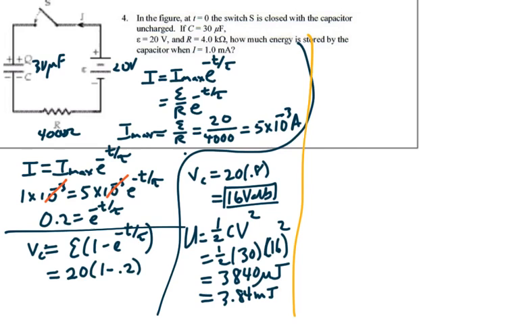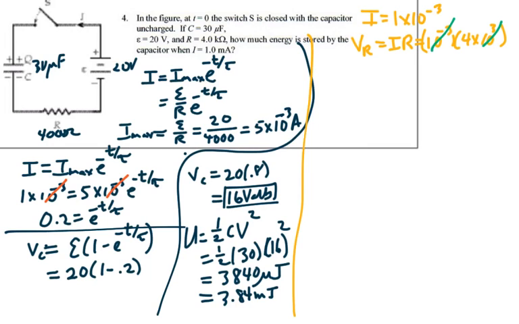Here's an alternate way we could think about this problem, just a goofy way. If we know that the current is 1 milliamp, then we can figure out the voltage across the resistor at that time, because according to Ohm's law that should be I times R. So we have 1 milliamp, 10 to the minus 3, times 4 kiloohms, 4 times 10 to the 3. 10 to the 3 and 10 to the minus 3 cancel out.